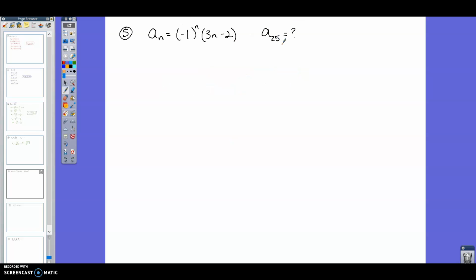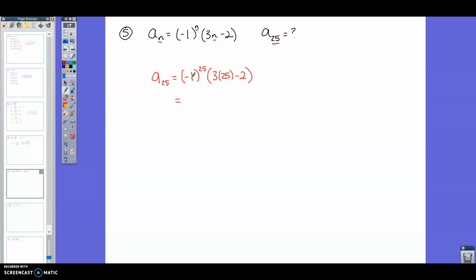Okay, number 5, this time they're asking us to find the 25th term. So anywhere that we have an n, we're going to replace it with a 25. So we have a of 25 equals negative 1 raised to the 25th times 3n, which is 25, minus 2.